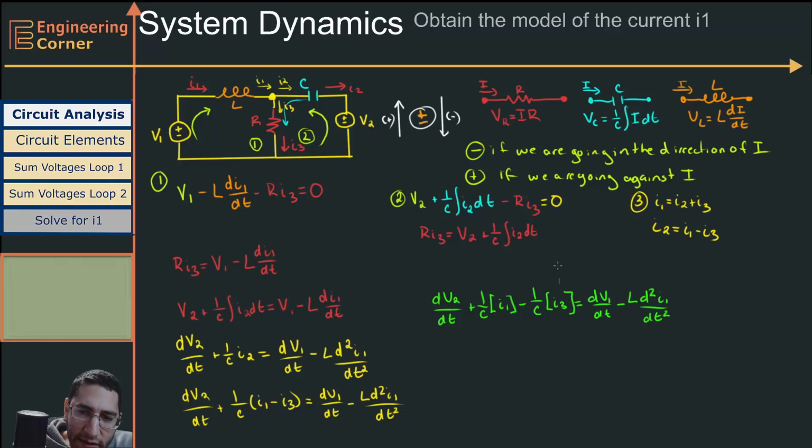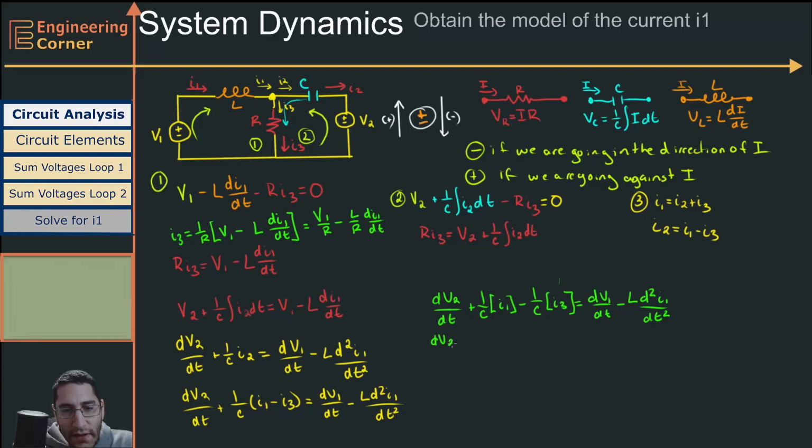So we just need to now figure out what our equation for I3 is equal to. Well, we could go back to this equation right here, and we could solve for I3. We could say I3 is equal to 1 over R times V1 minus L di1 dt. This is also equal to V1 over R minus L over R di1 dt. So I can substitute that now in for I3 right here.